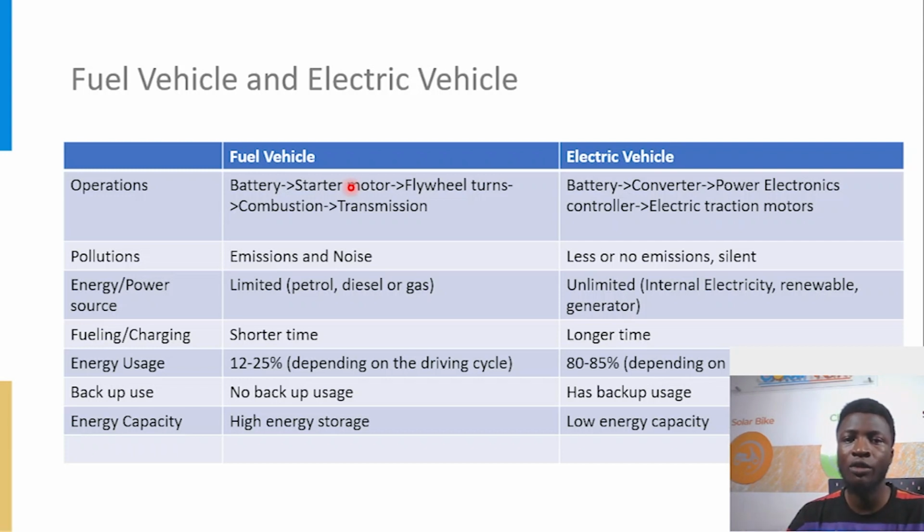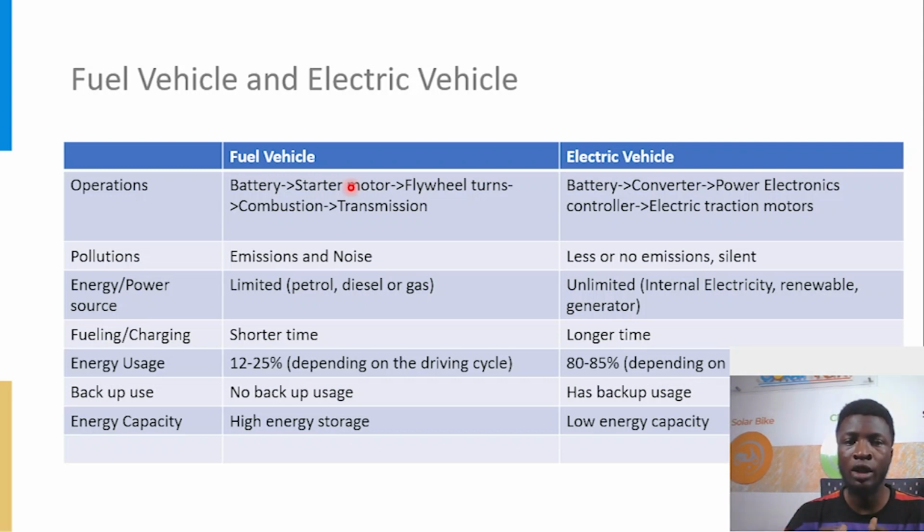But for the electric vehicle, energy is taken from the battery and stepped down or stepped up using the converter. The DC to DC converter function is to step up or step down the voltage to give to the power electronics controller, which sometimes is meshed with the inverter to invert the direct current to alternating current to be given to the electric traction motor, which works in alternating current because most of the electric motors that we have function in alternating current.